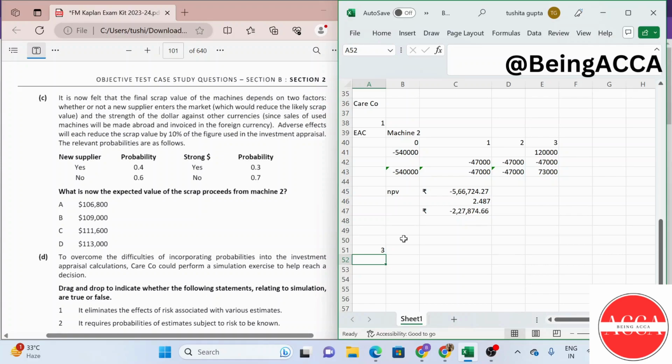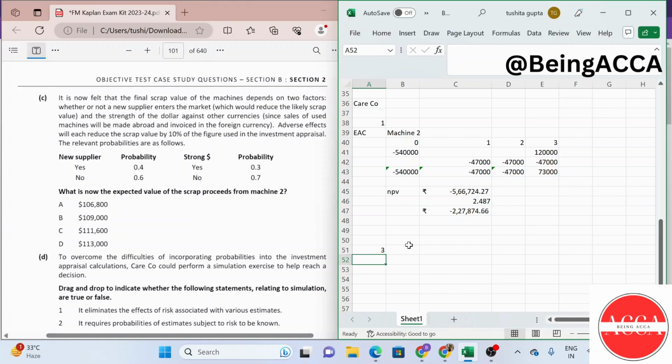Joint probability is where two things will happen at the same time, and their individual probabilities we'll have to add together so that we get the total probability. Okay, and we will also have to multiply probabilities sometimes, because these are instances at which one probability will affect the other probability also.